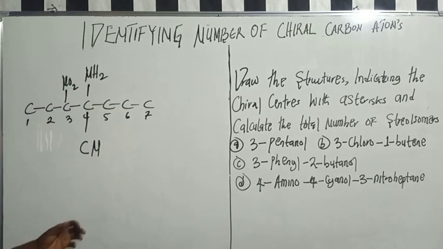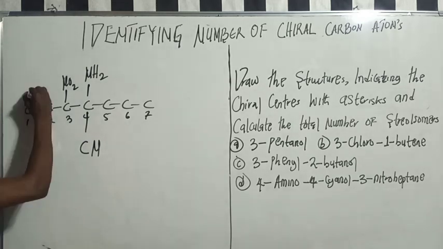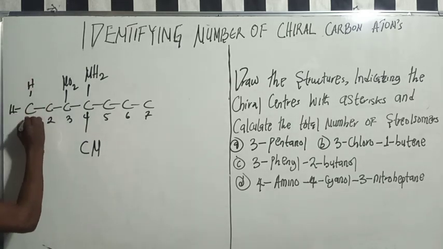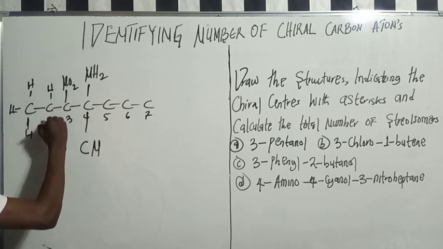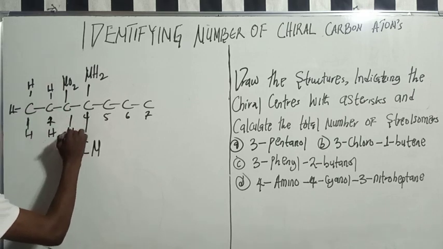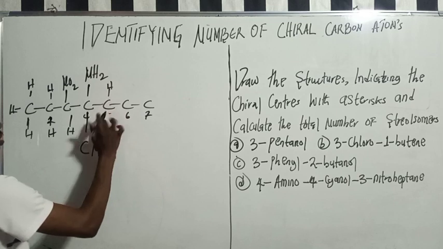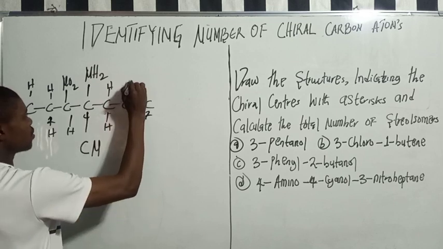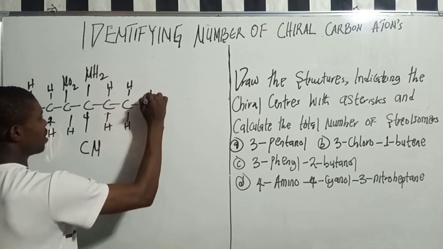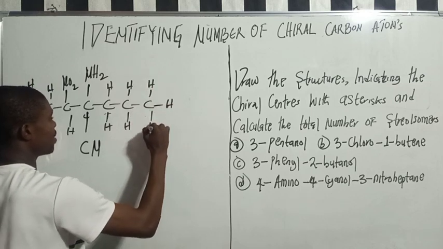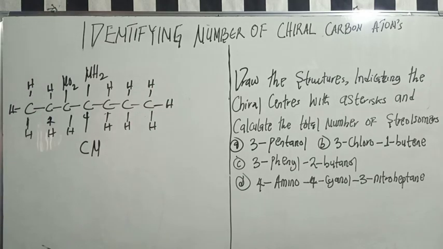The rest is going to be hydrogen. So here we have hydrogen, hydrogen, hydrogen, hydrogen, hydrogen. Here we have hydrogen, right? Hydrogen, hydrogen, hydrogen, hydrogen. Here we have hydrogen, hydrogen, hydrogen. Can you see that? So it's obvious.